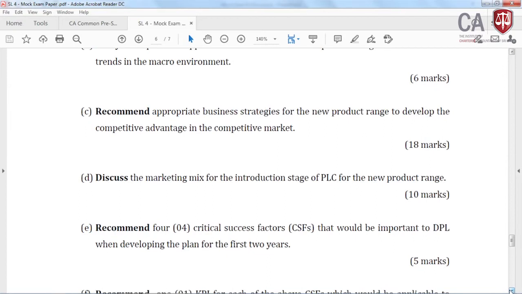Next, part D of the questions: discuss the marketing mix for the introduction stage of the PLC for the new product range.